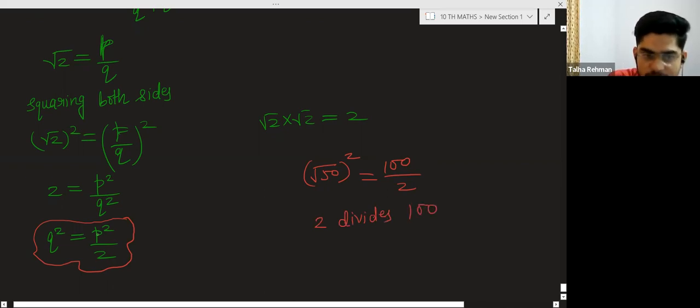The meaning of P square by 2: P is an integer, the square of an integer is again an integer, and Q is an integer. If you divide P square by 2, it means P square can be completely divided by 2.